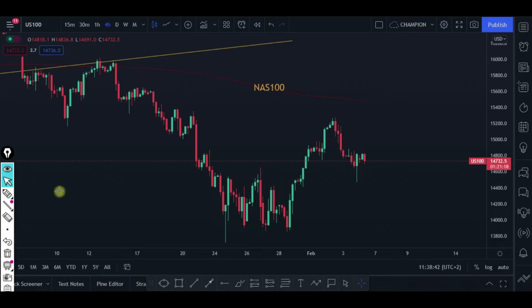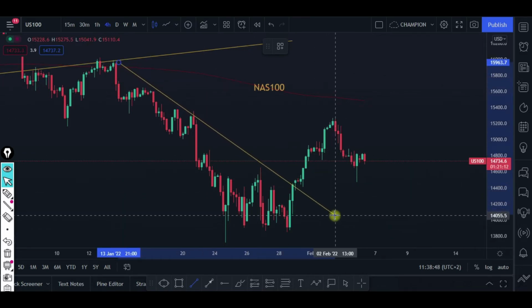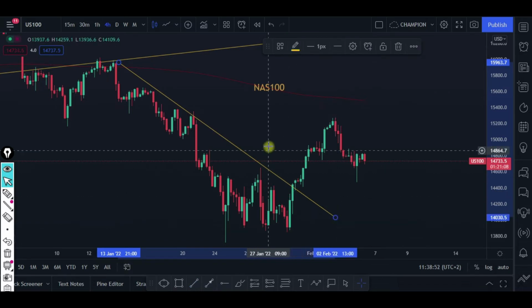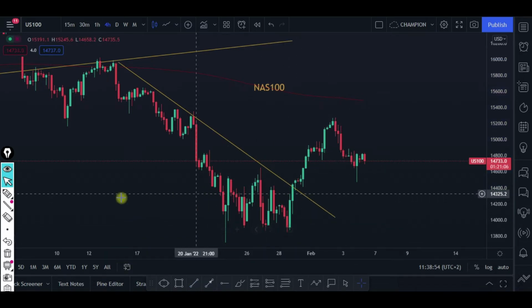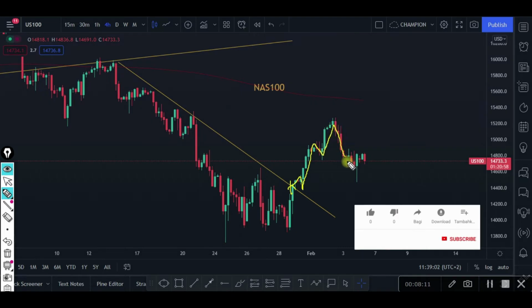So looking at the NASDAQ, we can see that we had something like this. This is our previous analysis. Remember that the market broke out of this area and retested, pushed high, and made this type of moves.